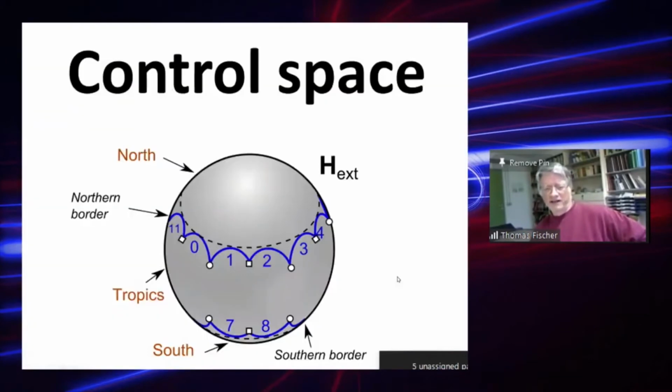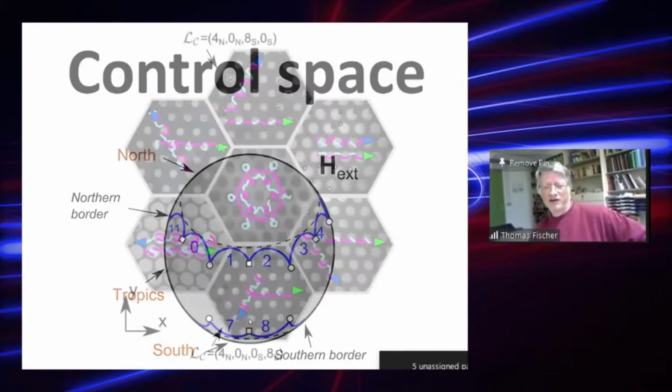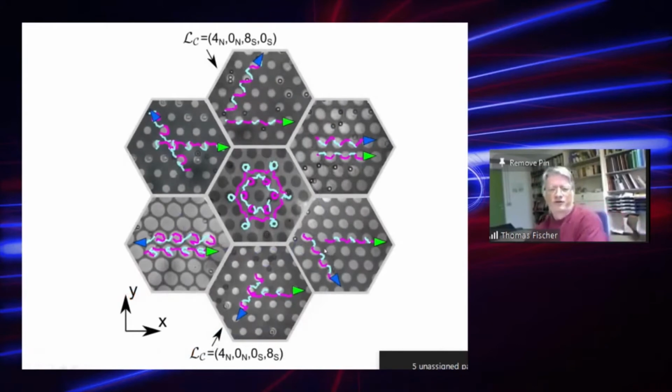The hexagonal pattern is a little bit more difficult because fences are lines in control space as well, and they have cusps, and these cusps are bifurcation points. With this, we can also control the motion of paramagnets and diamagnets in different directions, and it is topologically protected.